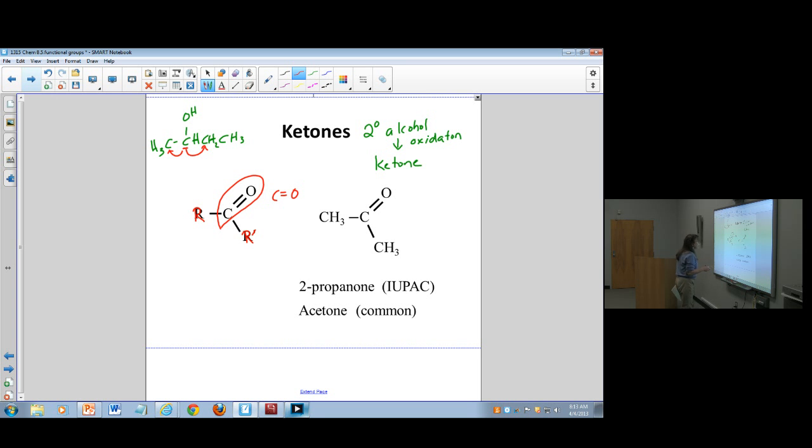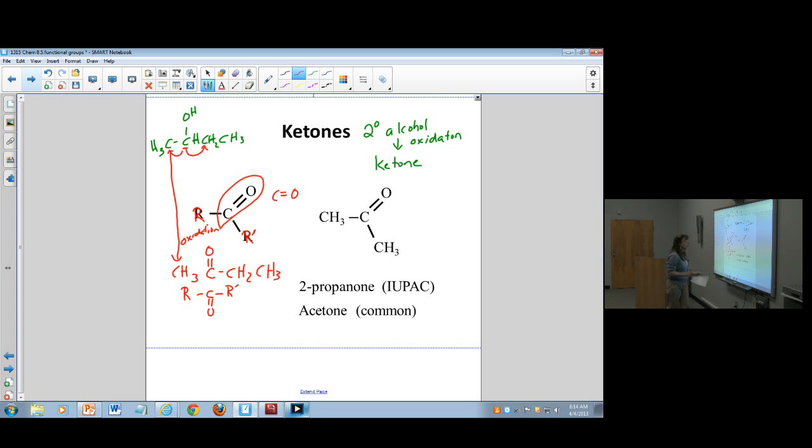So, for example, if we were using our 2-butanol here, we'd have CH3, CO, CH2, CH3, after it undergoes an oxidation. And this is, for example, R, C double bonded O, to another part of the chain, so some R prime, ketone.